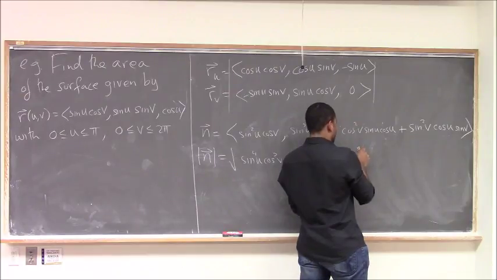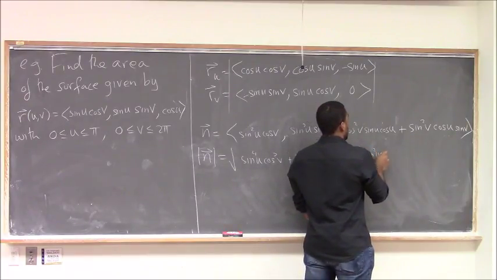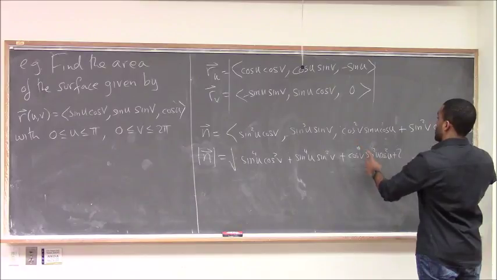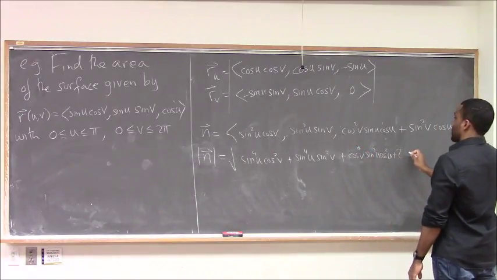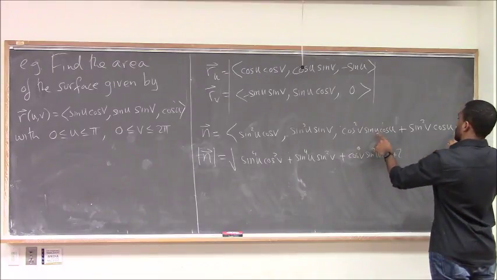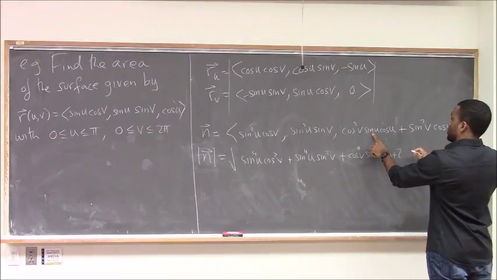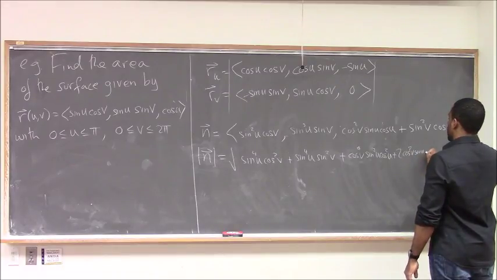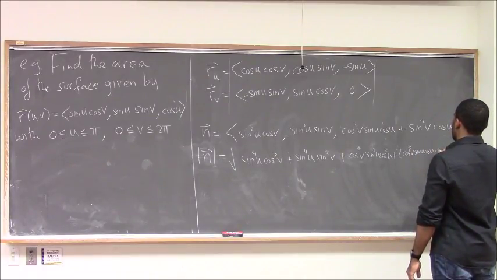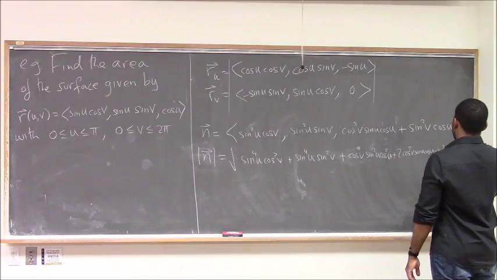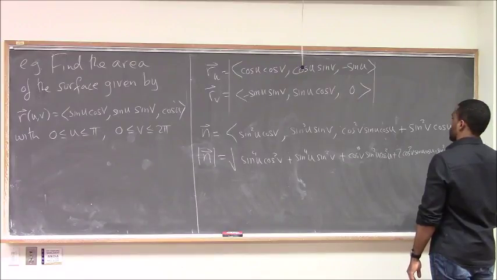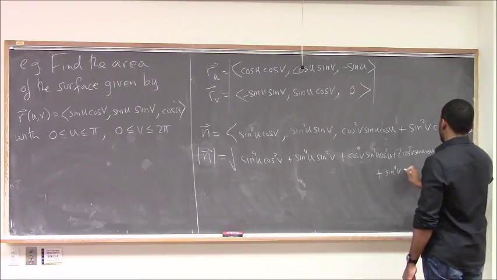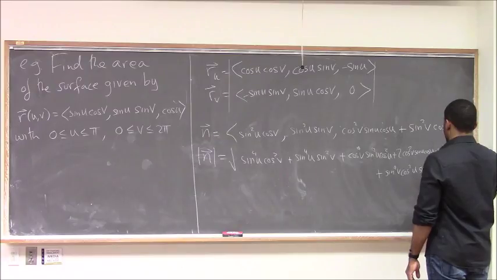Cosine to the fourth v sine squared u cosine squared u, plus 2 times this times that, cosine squared v sine u cosine u times sine squared v cosine u sine u, plus sine to the fourth v cosine squared u sine squared u.